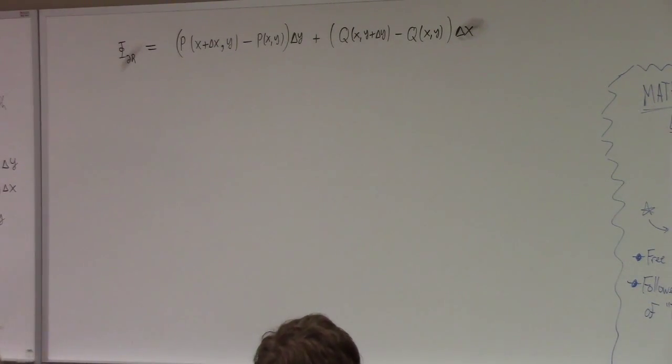If you take the limit as change in x and change in y go to 0, doesn't that mean the flux through a point is 0? Well, the flux through a point is very tiny, but we want to capture that in the same sense of like 0 over 0 in calculus 1, right?